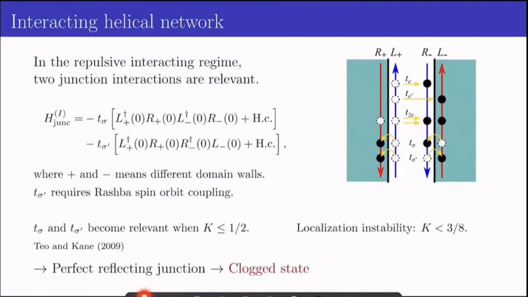And let's remind ourselves that the localization instability happens at k smaller than 3/8. And what this means is that the local gap at the junction actually happens before the localization instability happens. So this allows for realizing something like a clock state, which I will discuss in the next slide.